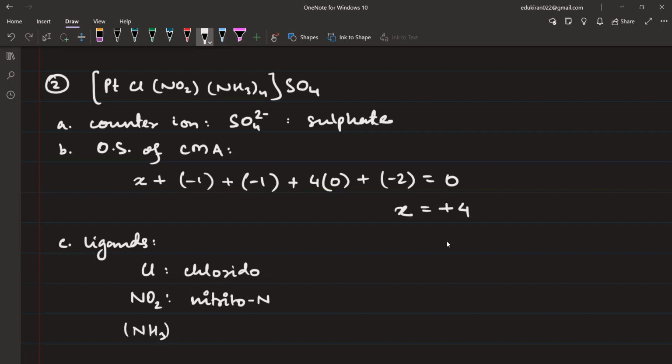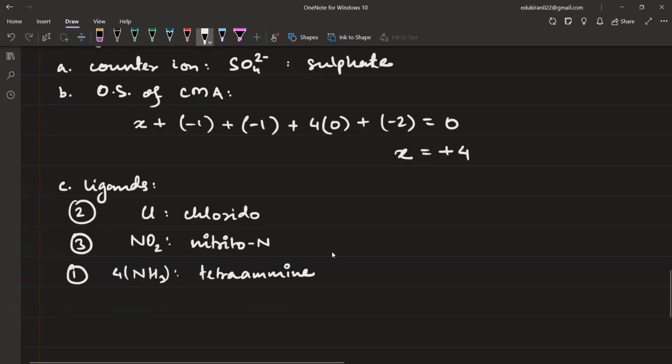How many NH3? We have 4 NH3s. So this will be tetraamine. Now, which one will be named first? Tetraamine. Correct. Then chlorido and then nitrito-N.